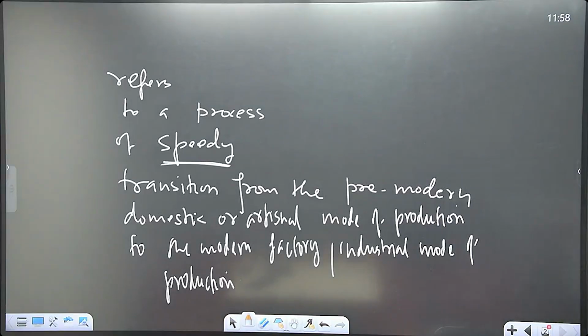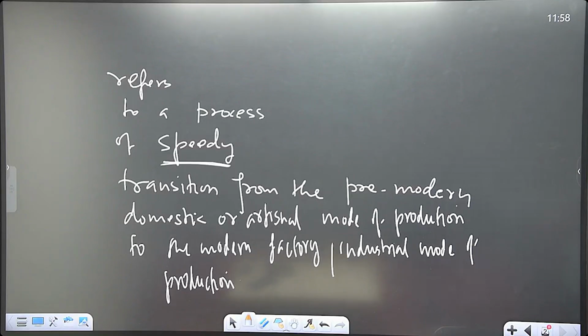Is this understood? We can't define it in terms of how much coal was produced in Germany and how much iron was produced in England. Those stale data are not important for us. I hope you understand this. Clear? So once we understand the process, that is nothing but a speedy transition from domestic mode of production to the industrial mode of production.